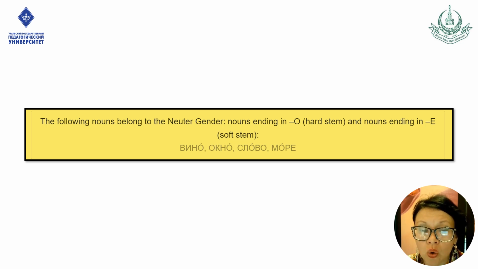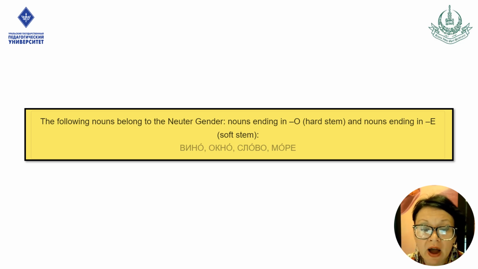Just o or e. Just pay attention to the final letter, the ending, окончание, and you may see the gender of the noun. If you see the letter o or the letter e, then this is a neuter gender noun in Russian.